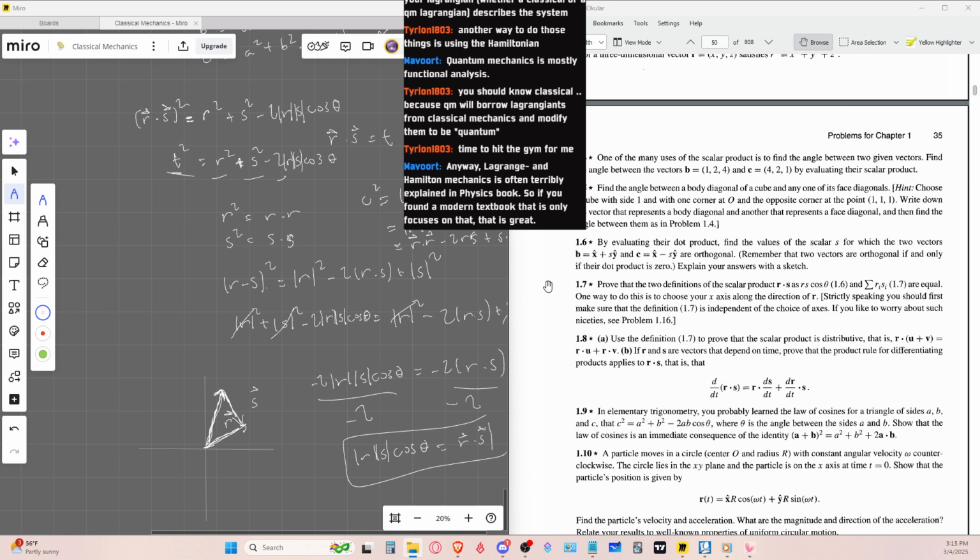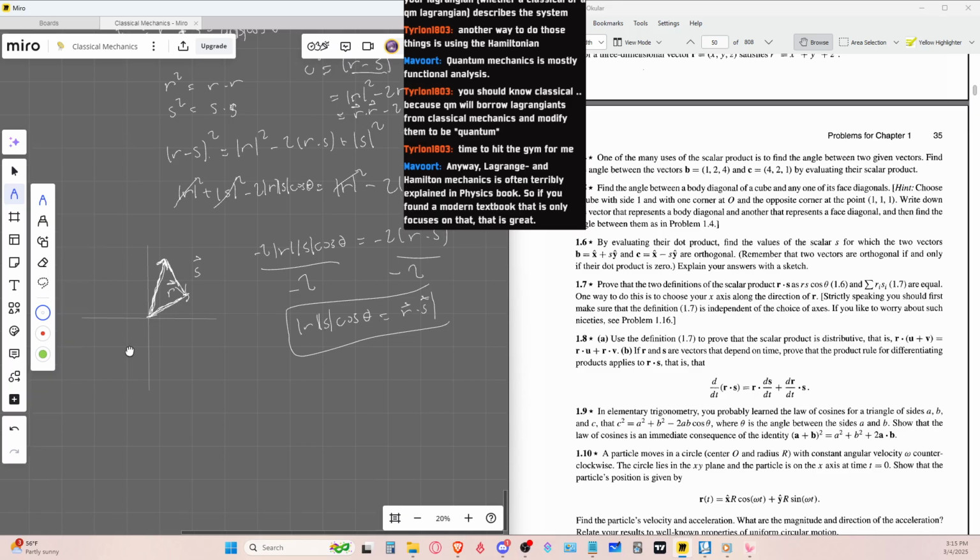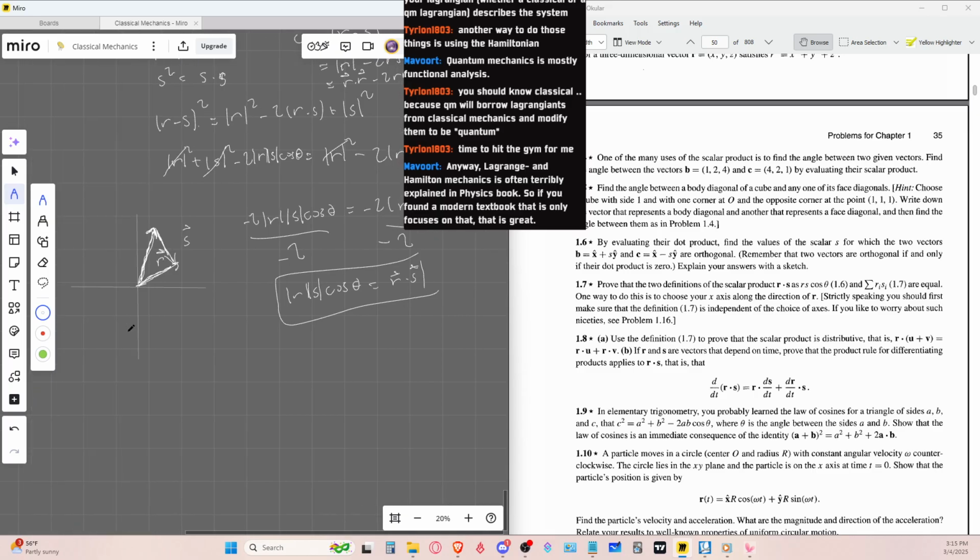So we did solve how to get the cosine part of the dot product, but what we didn't do was how we got the dot product equal to the summation of R and S, the component version.